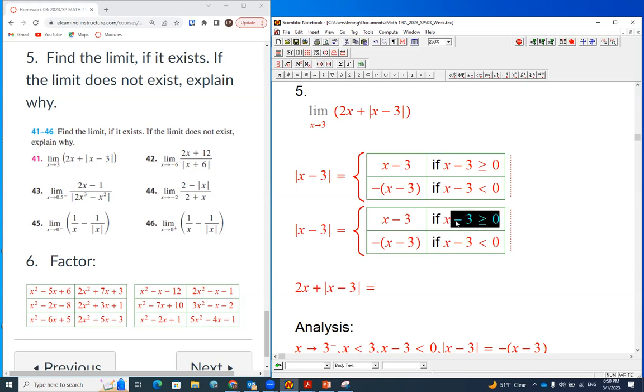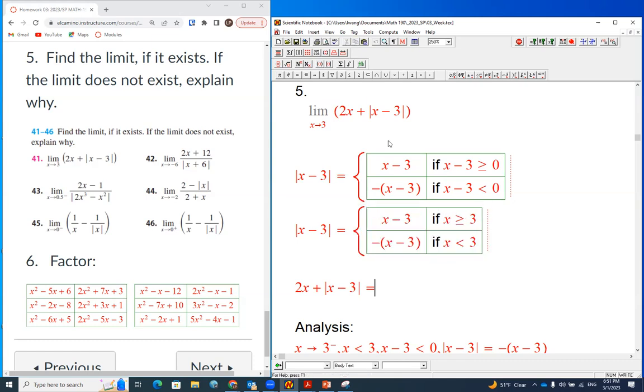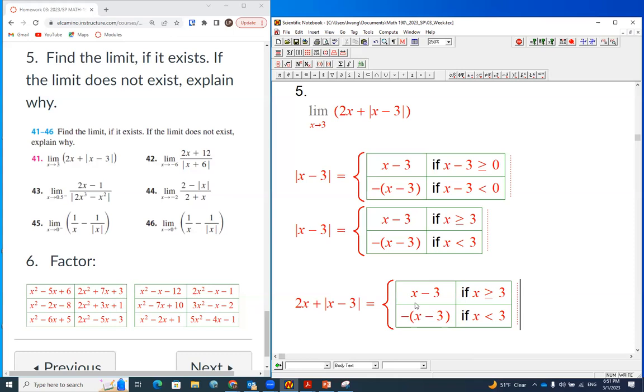So when x is greater than or equal to 3, or when x is less than 3, we have two cases. According to these two cases, the absolute value of x minus 3 is added to 2x, so there will also be two cases. We're adding 2x here, and we're adding 2x here. Does that make sense? I hope that makes sense.